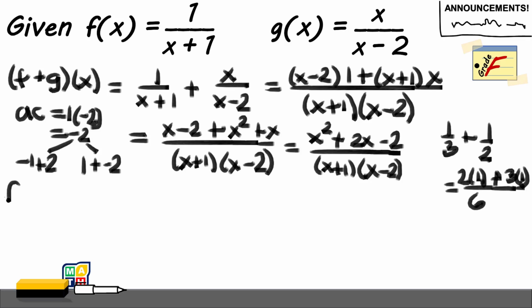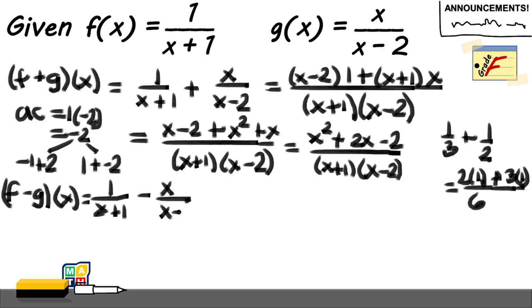Now let's have the second notation, f minus g of x. Since we are dealing with the same expressions, we will have 1 over x plus 1 minus x over x minus 2. We will have the same LCD. It only differs here. The operation would be subtraction.